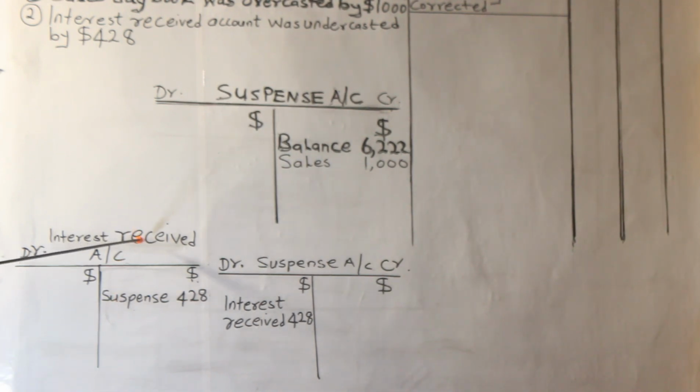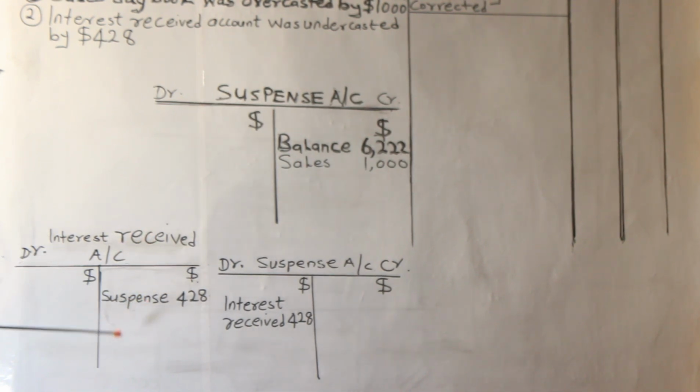Remember that I've used the bold letter here, received, to indicate that it's an income account. If it is interest paid account, that account is an expense and the transaction has occurred on the debit side. But this is interest received, which is an income.